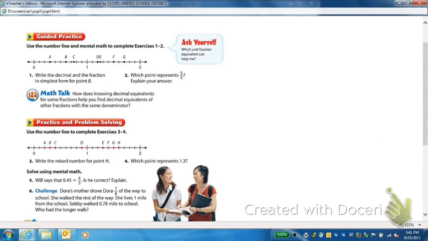Number 3 says, write the mixed number for point H. So we have to count our lines. 1, 2, 3, 4, 5, 6, 7, 8, 9, 10. So I have 1.